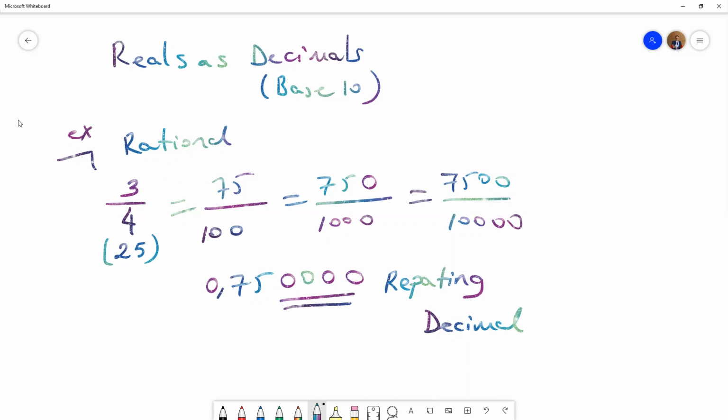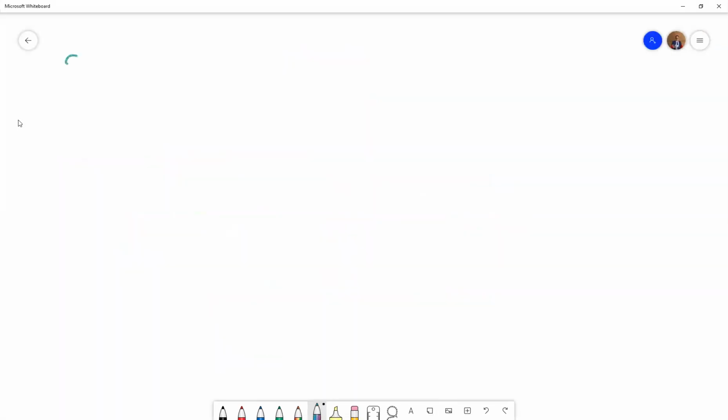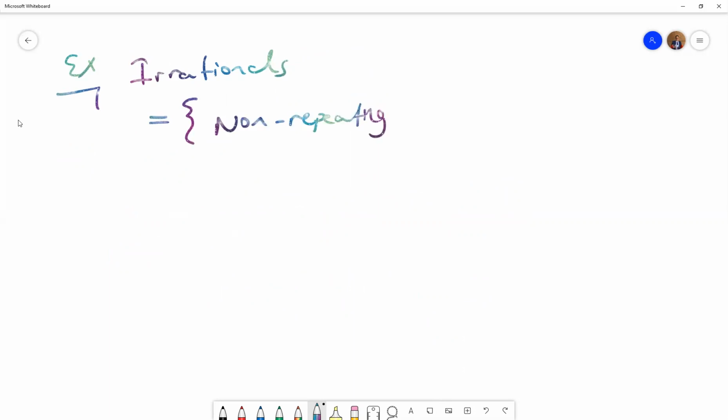Let's try for irrational numbers. This is for rational numbers. So let's look at irrationals. Example for irrationals. I think that this is non-repeating decimals.